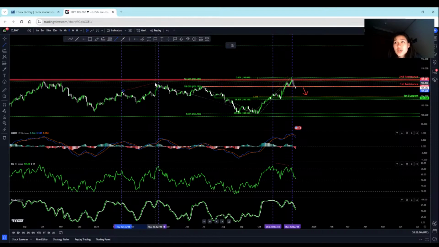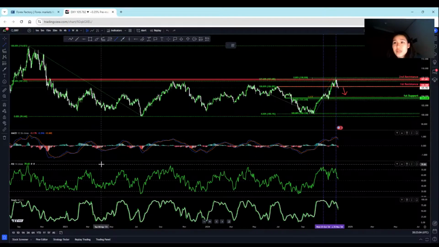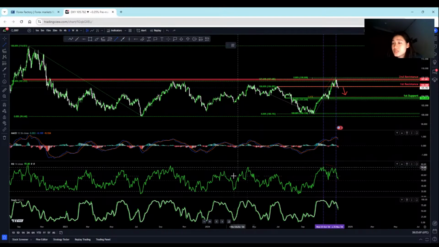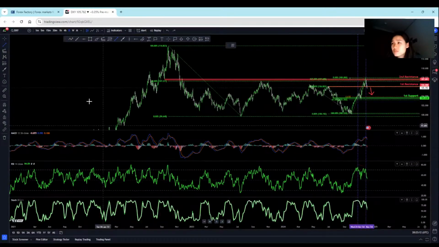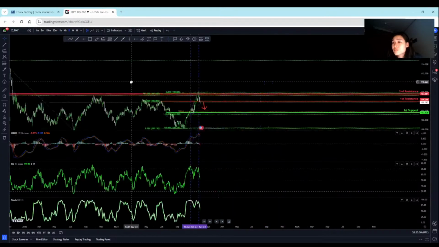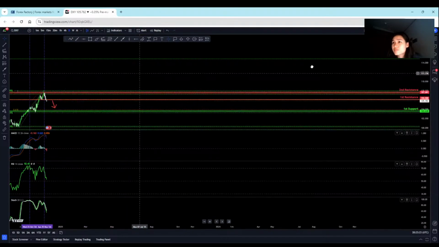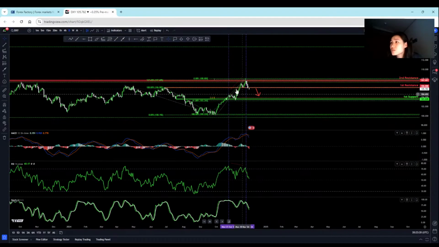Prices make a higher high, and over here, oh no, this is a higher high as well. My bad. I'm trying to see if we can find another example of this happening recently. But maybe not, I don't think we have that.